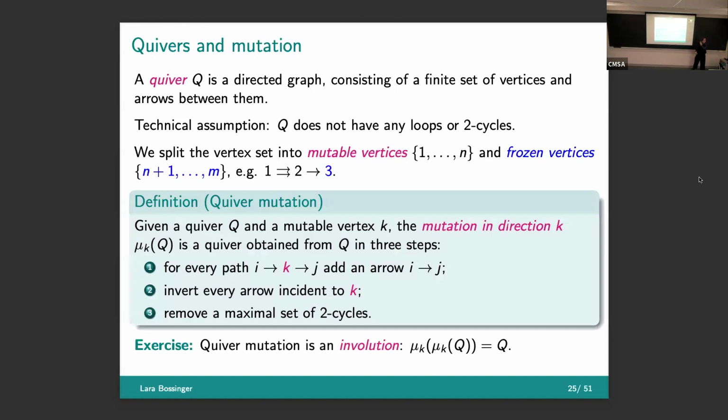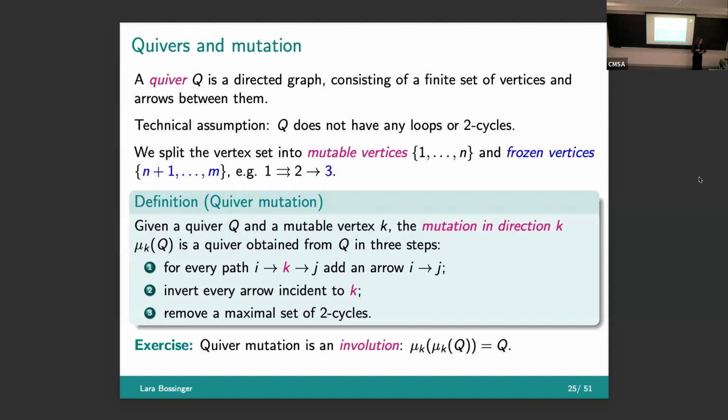And given a quiver, the quiver is going to substitute our triangulation. The quiver mutation is what's going to substitute the flip operation that we have on a triangulation. And the mutation is a three-step process that's defined as follows. For the mutation in our quiver, we choose one mutable vertex. And we're going to perform a local operation that only involves this mutable vertex and its neighbors.